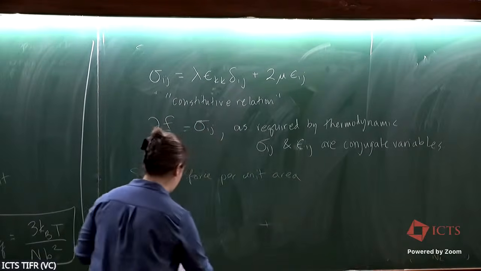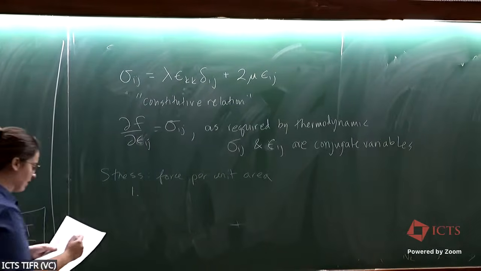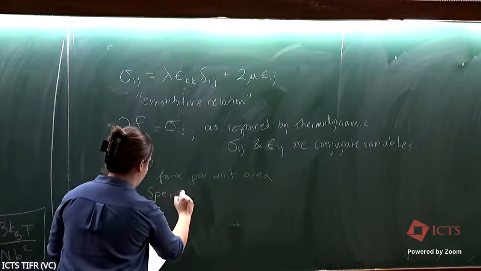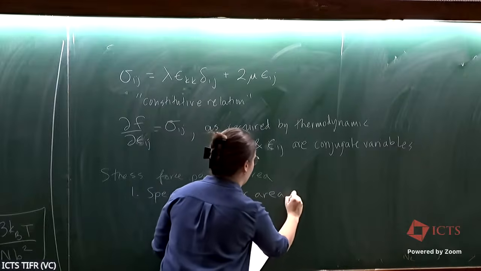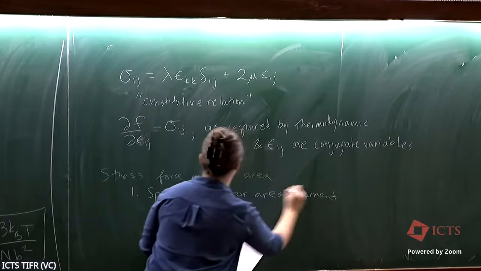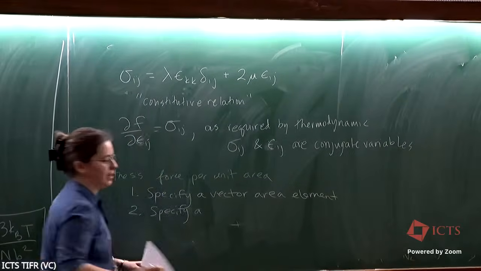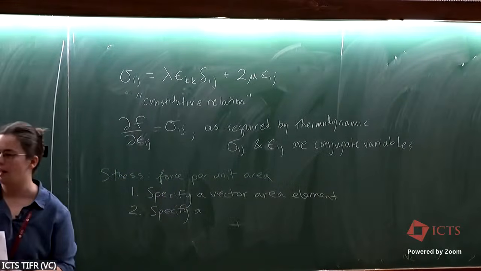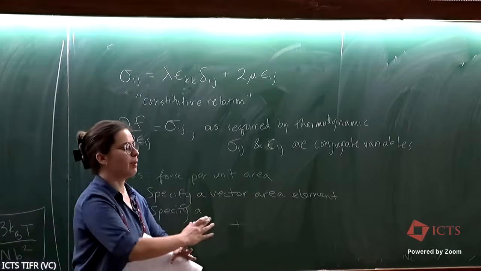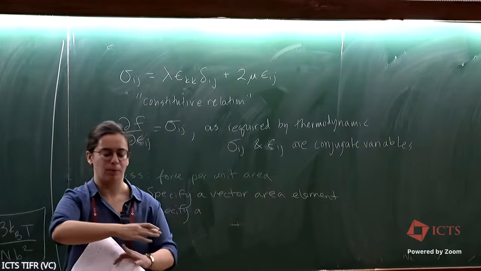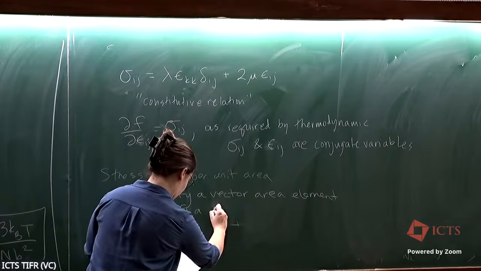But this leaves a lot to be specified, because in order to figure out what the force per unit area is, we need to specify a vector area element. And we also have to specify a direction of interest. Because as we're deforming the faces of our material element, we may want to consider the force that is perpendicular to the original material element or the one that is a warped material element. So specify a direction of interest.